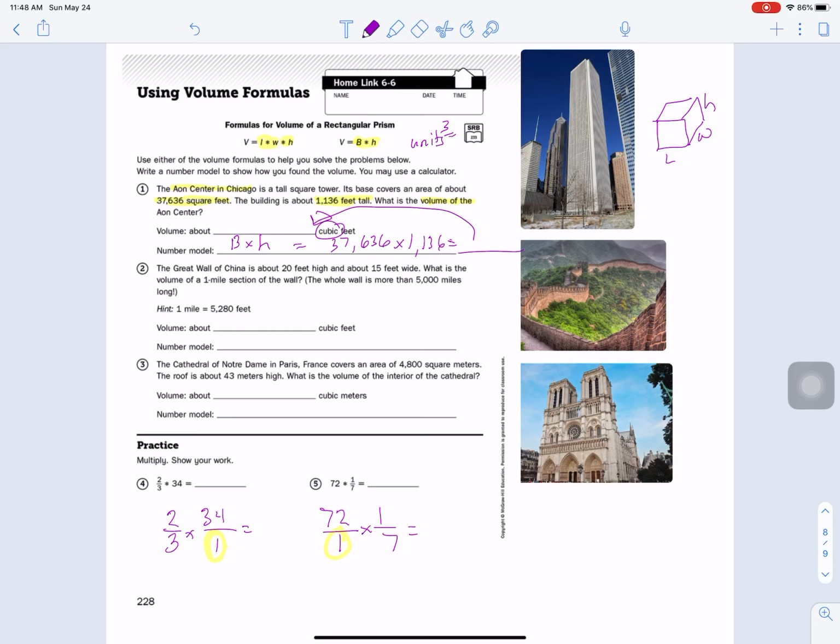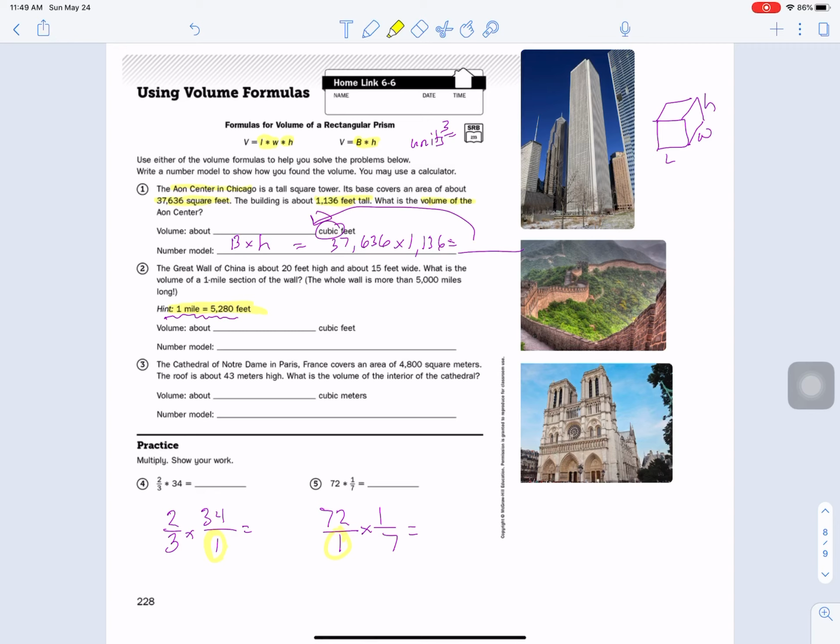Then you're going to have to use this fact here for the Great Wall. 1 mile is 5,280 feet. Guys and gals, in your life, this is going to pop up many times, that 1 mile is 5,280 feet. That's one of those things that you probably would just want to remember and keep in your knowledge bank.